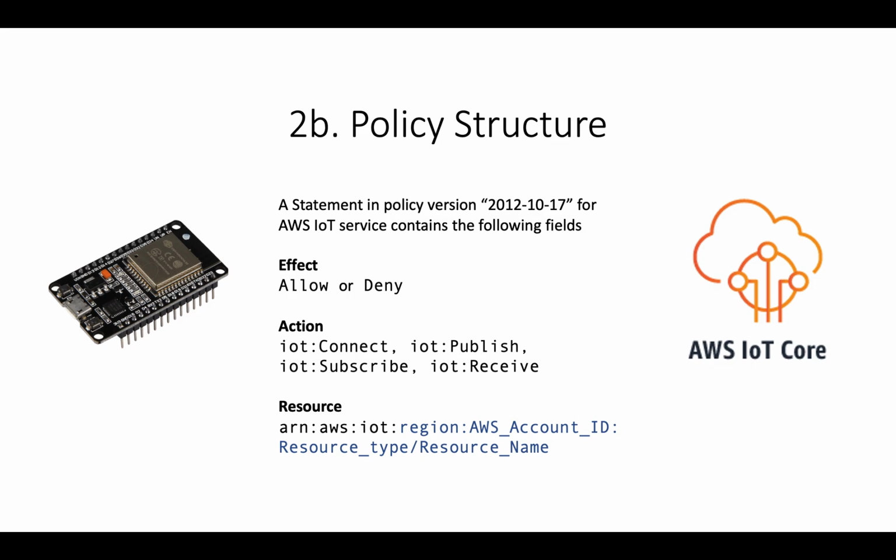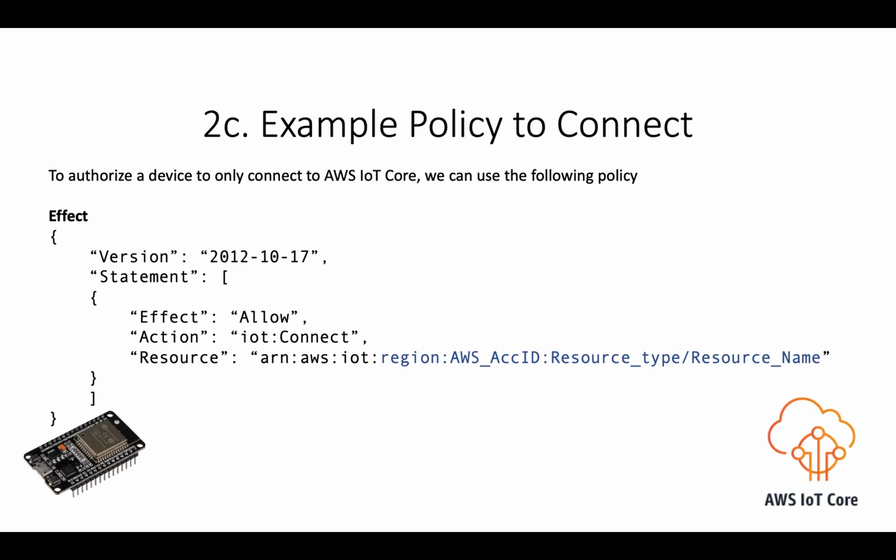So these are the things we will need. An example policy looks like this. It's a JSON file, and we will give the version there, and then in the statement, if I want to allow my device to get connected, IoT connect is the permission that we give to the resource that we have just created.